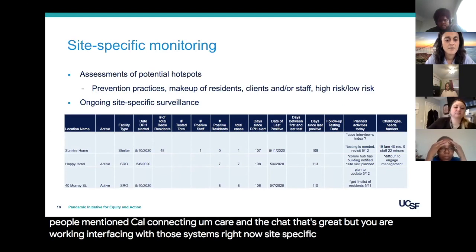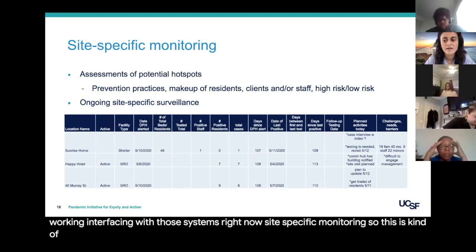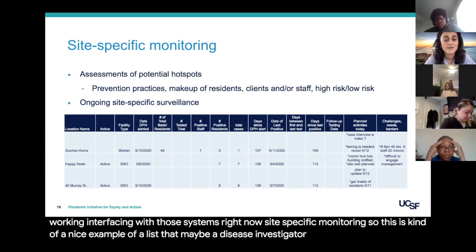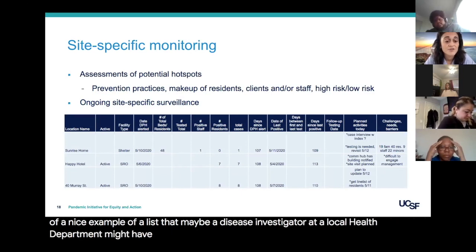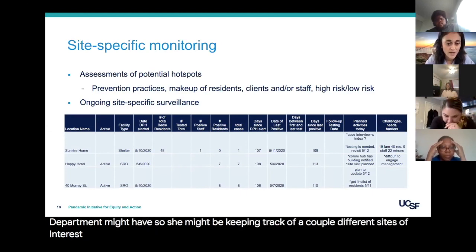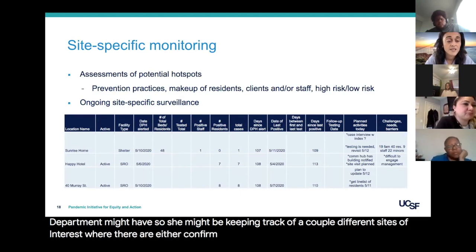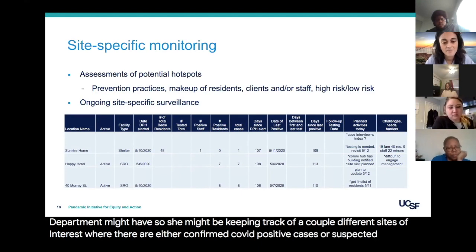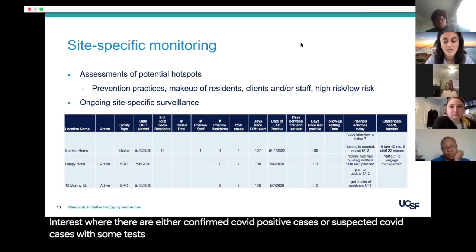Site-specific monitoring. This is a nice example of a list that a disease investigator at a local health department might have. She might be keeping track of a couple different sites of interest where there are either confirmed COVID positive cases or suspected COVID cases with some tests pending.